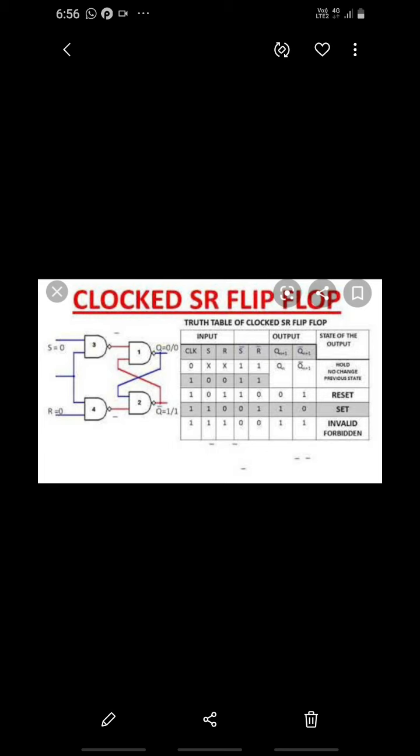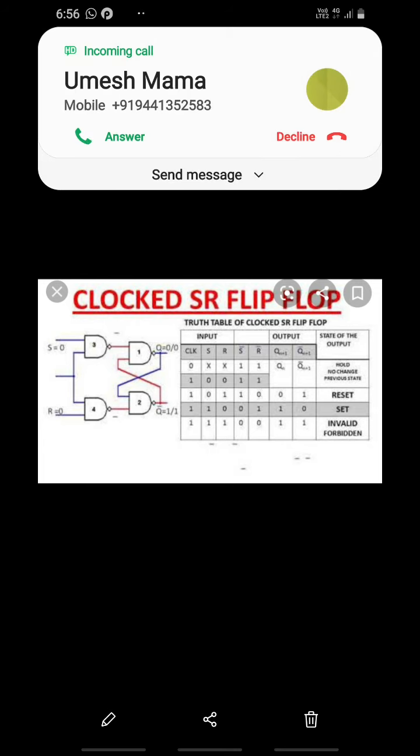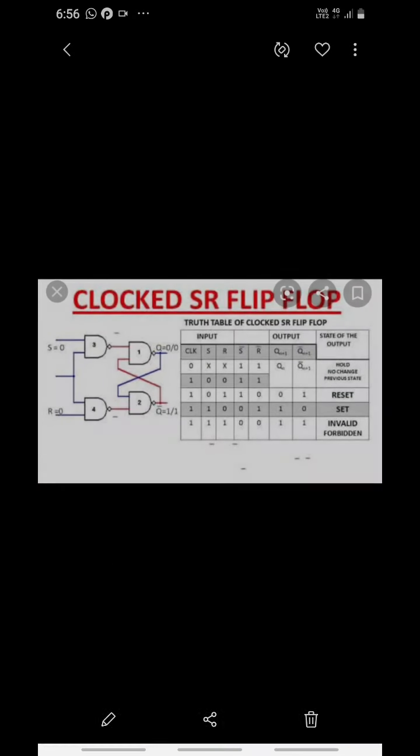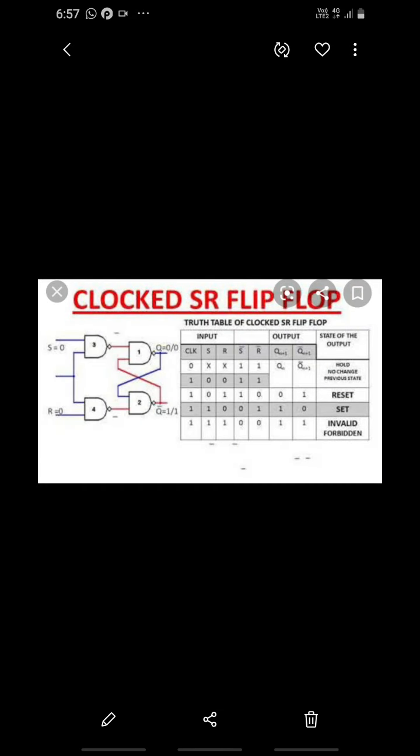Positive level clocked SR flip-flop and its symbol are shown in above PPT. NAND gates 1 and 2 form a basic latch. NAND gates 3 and 4 are called steering gates or control gates because they are used to drive a NAND latch.